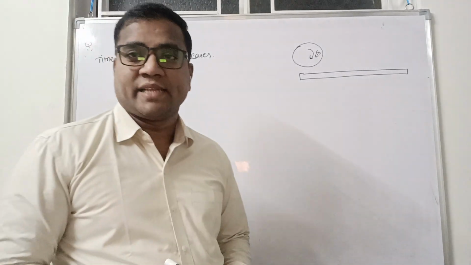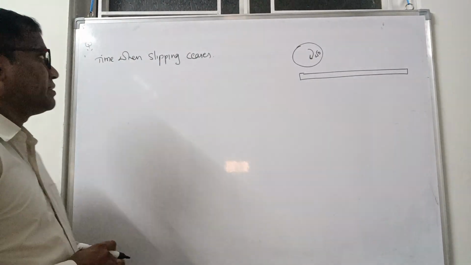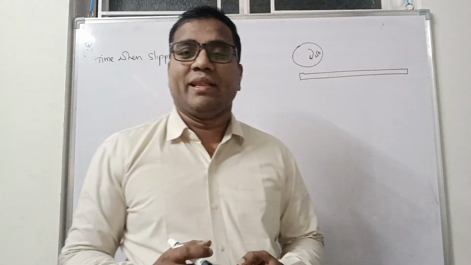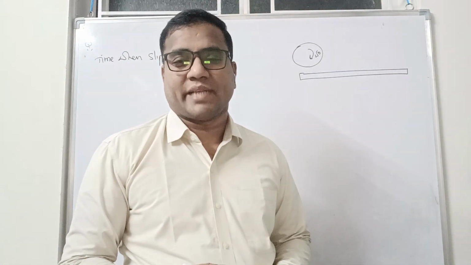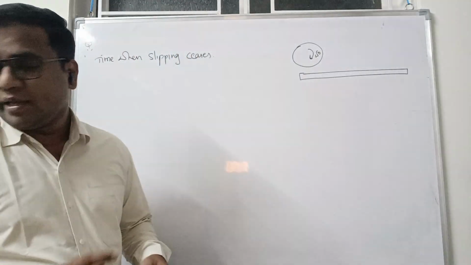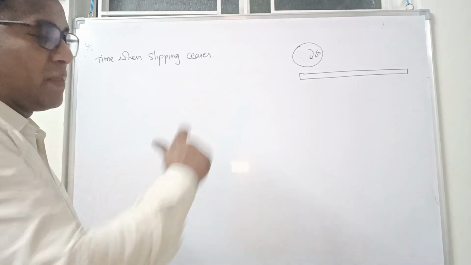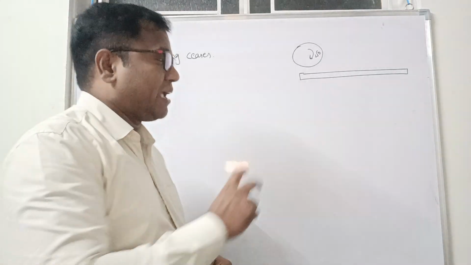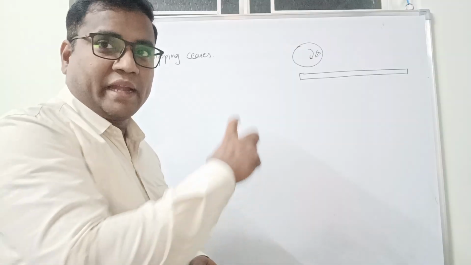The first question he's asking is the time when slipping ceases. We'll try to understand. Initially, the disc is rotated with an angular speed omega naught, and it is gently placed.